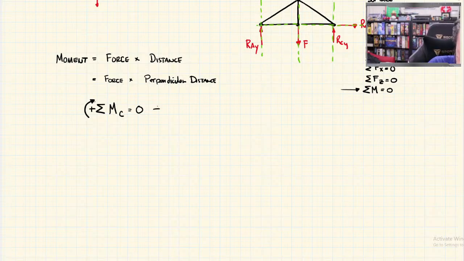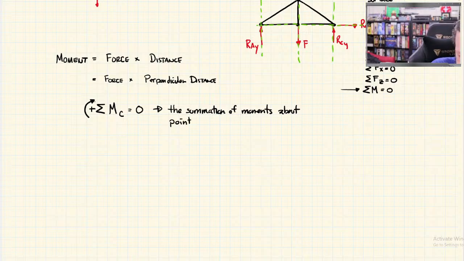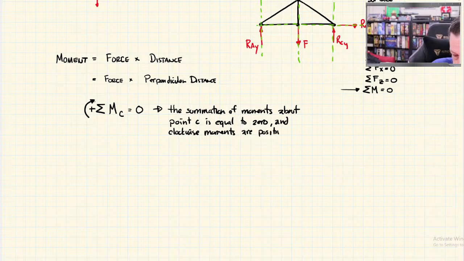So this would translate to: the summation of moments about point C is equal to 0, and clockwise moments are positive. So that's what that equation would tell us.